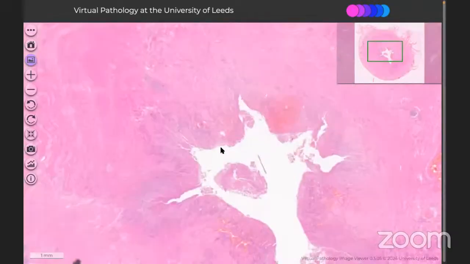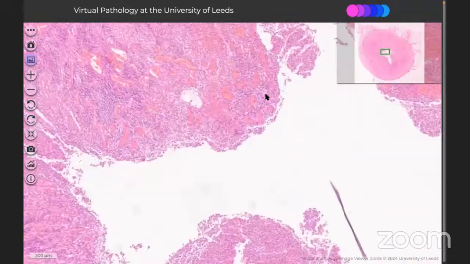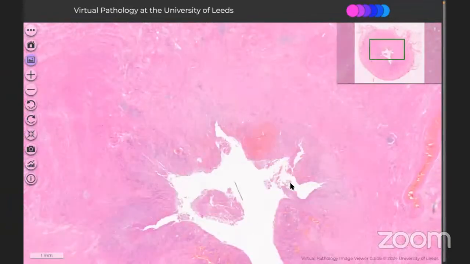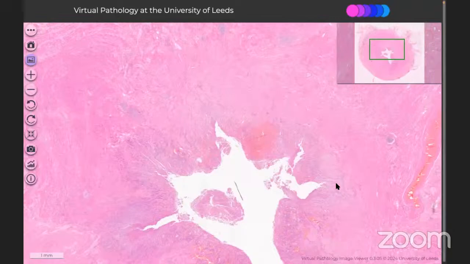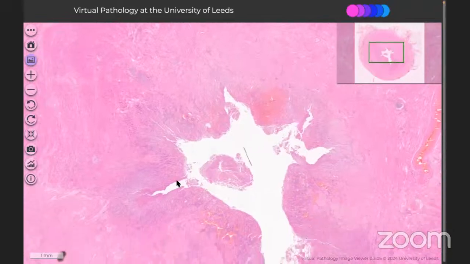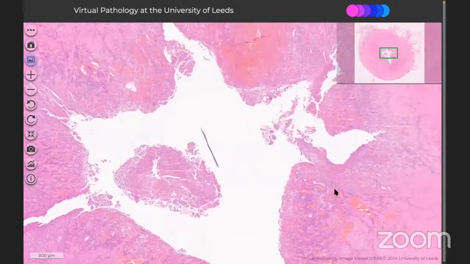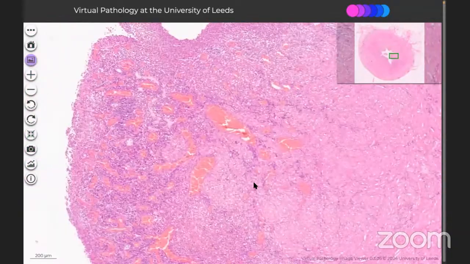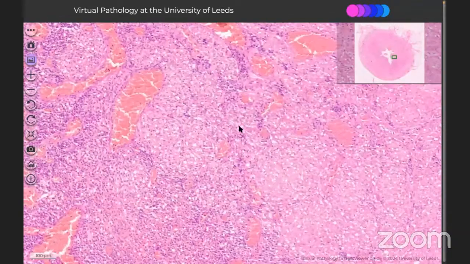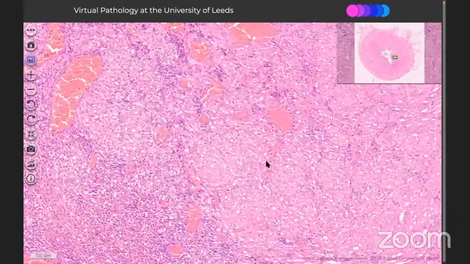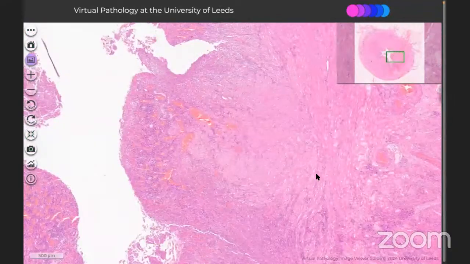If we go down to higher magnification, we see that this is ulcerated, and these areas which are going into the deeper part are actually fissures. So these are ulcerated mucosa with fissures. Okay. And in certain parts of the section, you will see this kind of non-caseating back-to-back epithelioid granulomas in the submucosa.